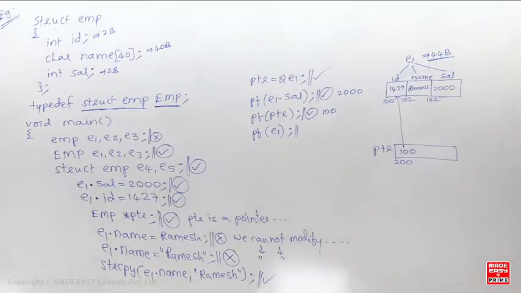Just execute and check. Same thing, you cannot modify the constant base address. E1 is not a member, E1 is a structure variable. Why are you confused?